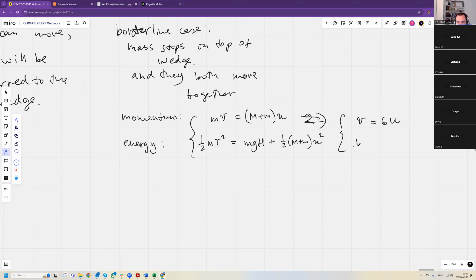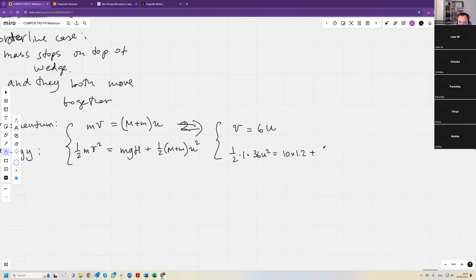So 1/2 multiplied by 1 multiplied by 36u squared equals 10 times 1.2 plus 1/2 multiplied by 6 multiplied by u squared.